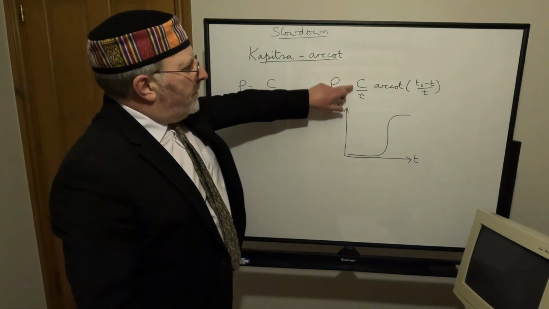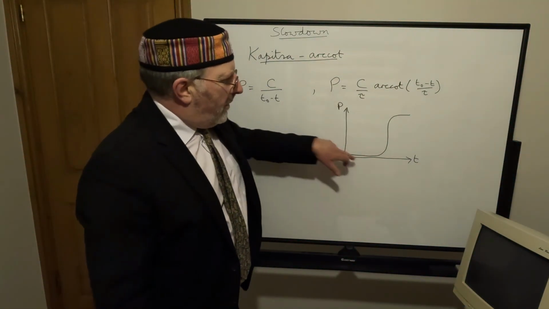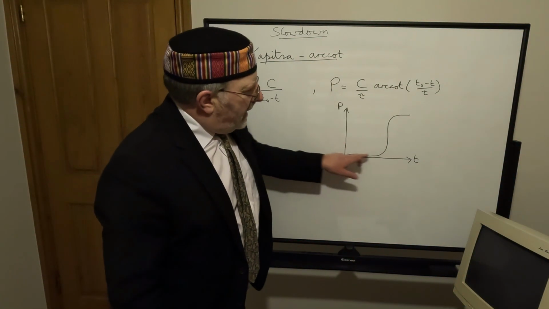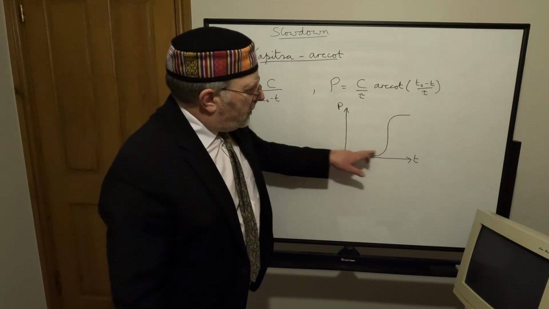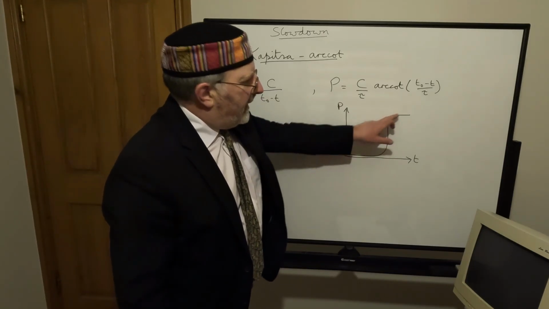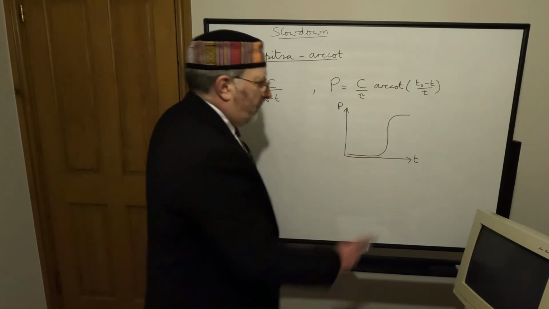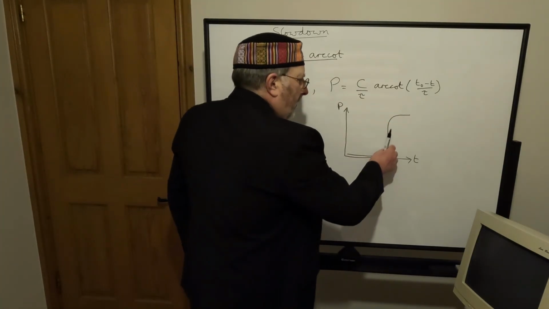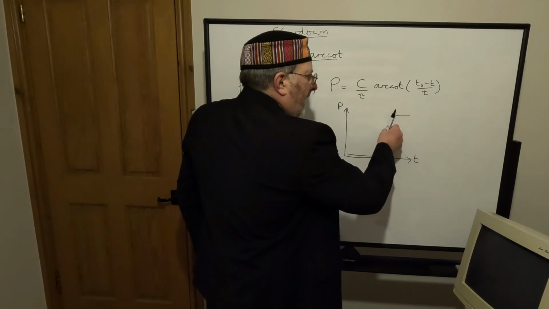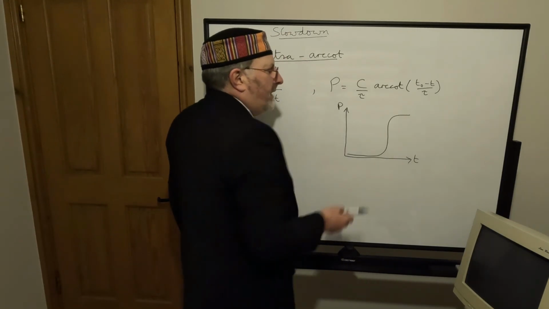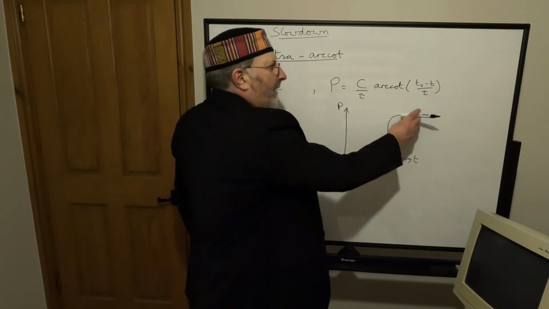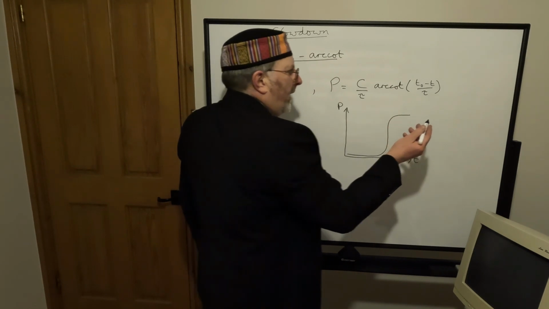If we choose suitable values for C, tau and T0, we will get a curve that looks hyperbolic most of the way and then turns over. And this matches what we've seen. There's the hyperbolic phase, and then this is what's happening now, as population tends towards a stable value of about 11 billion by 2100.